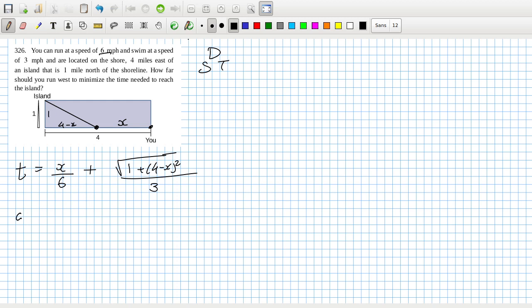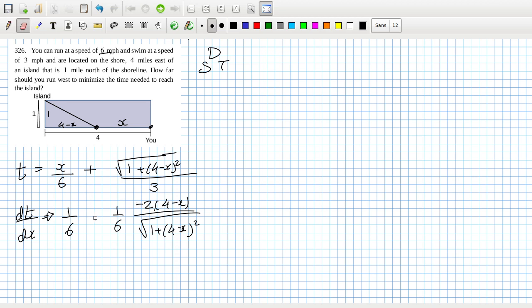So the derivative dt/dx would be 1 over 6 plus, bring down the power, reduce the power by 1, and then multiply by the inside derivative, which would be 2(4 minus x) times minus 1, and that should equal 0.